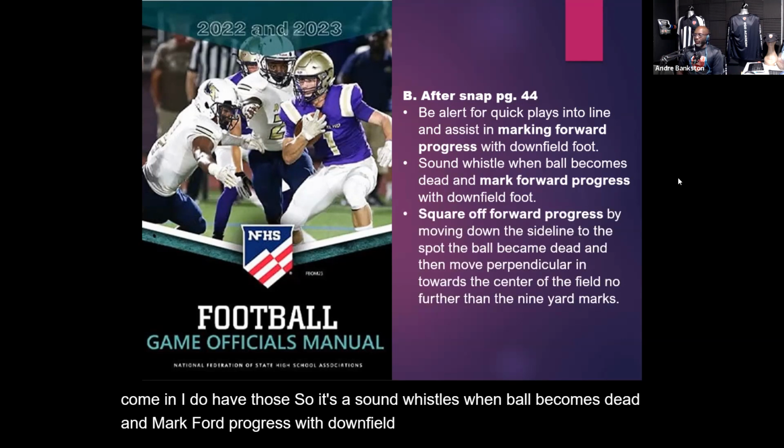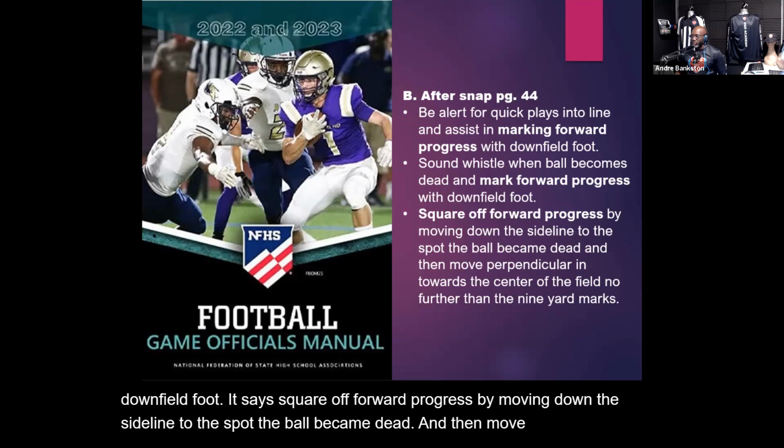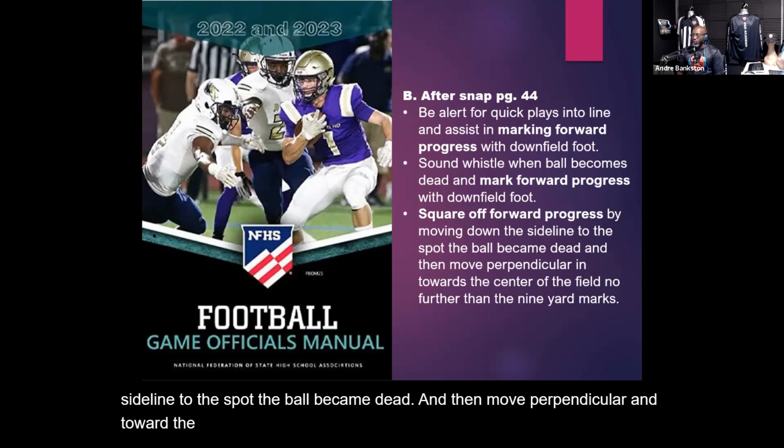It says square off forward progress by moving down the sideline to the spot the ball became dead, and then move perpendicular in toward the center of the field, no further than the 9-yard marks.